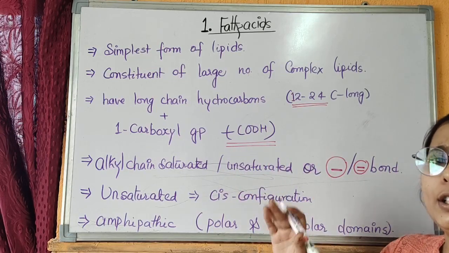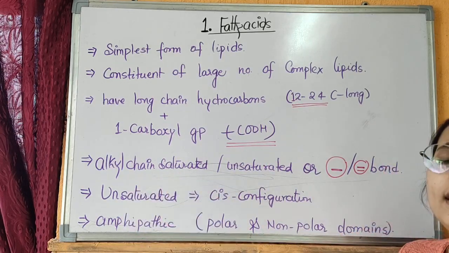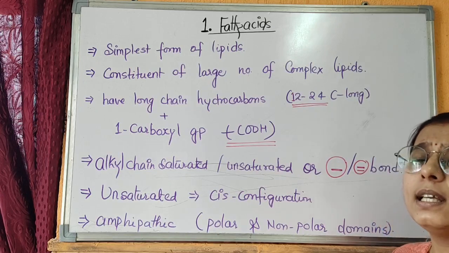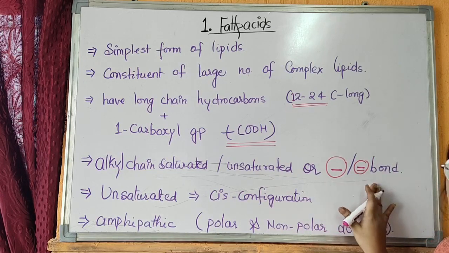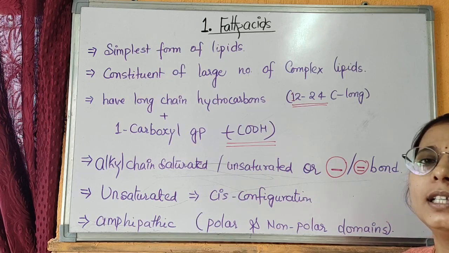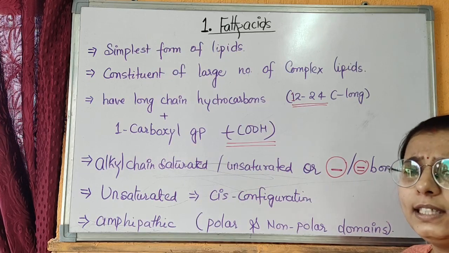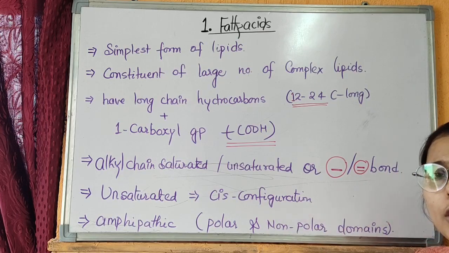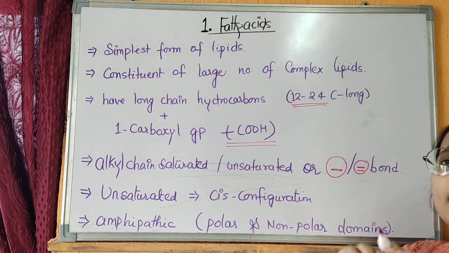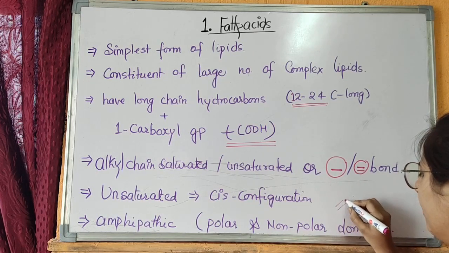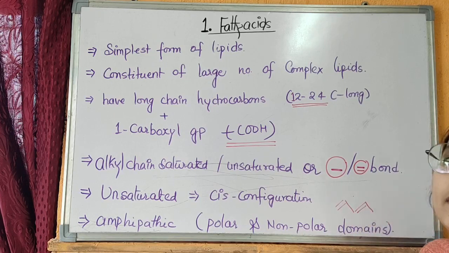The long chain hydrocarbon or the alkyl chain in a fatty acid may be saturated or unsaturated, meaning they may have single bonds or double bonds between the carbons. If a fatty acid is unsaturated, meaning it has double bonds, then that fatty acid always has a cis configuration, meaning the double bonds are always on the same side, and when we draw the structure of that fatty acid, we put all the double bonds in the same direction.